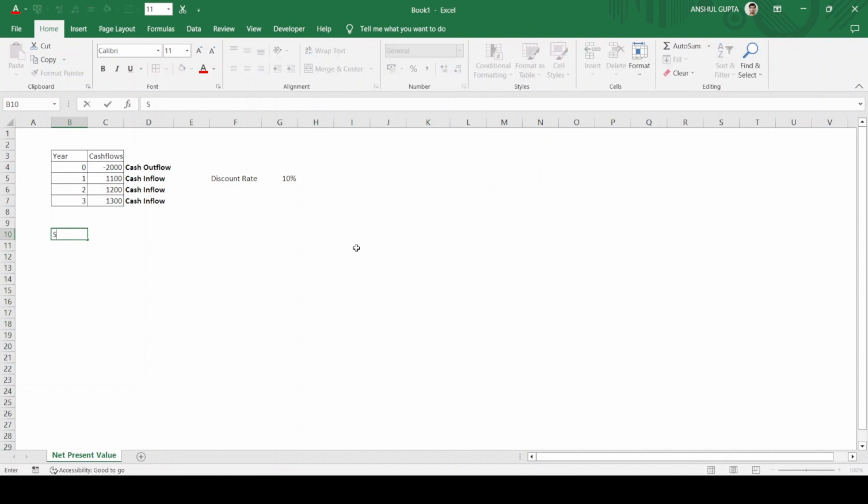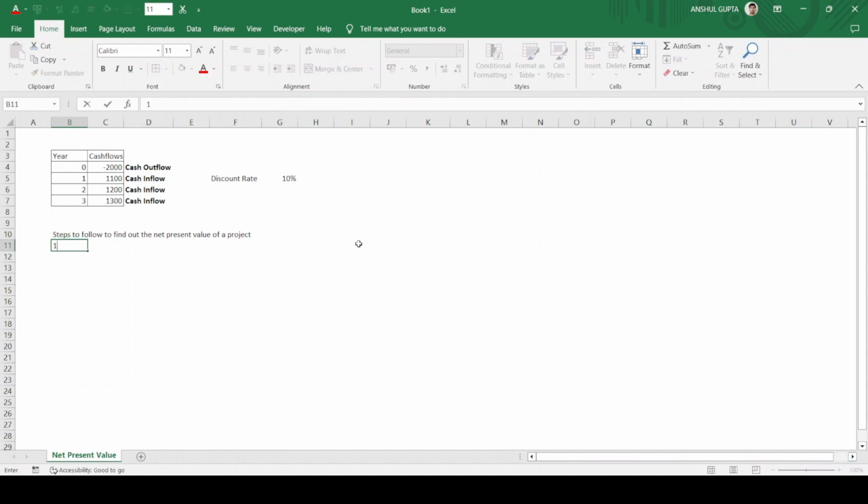So there are certain steps which we need to follow in order to calculate the net present value. Steps to follow to find out the net present value of a project.